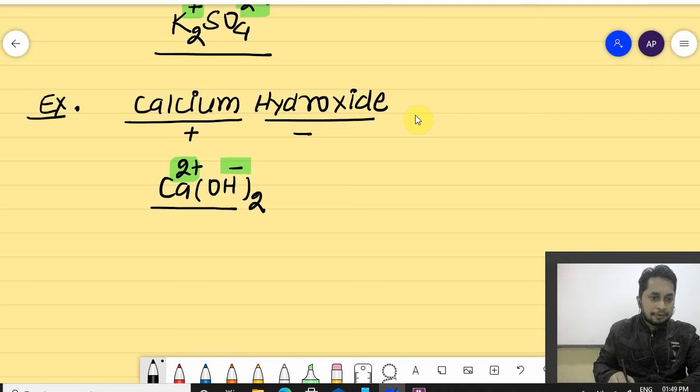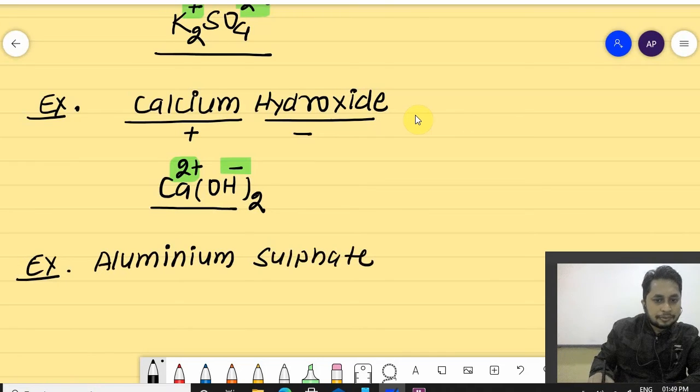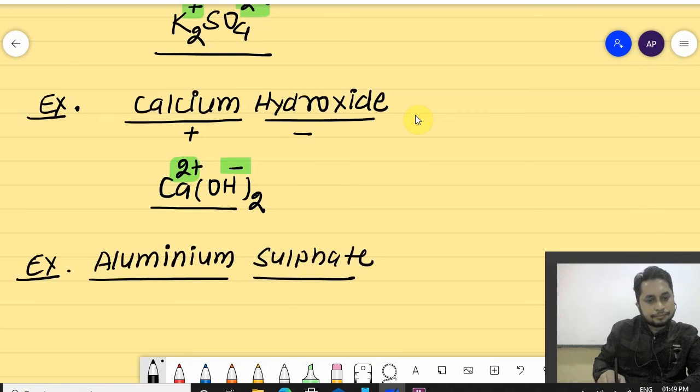If you want to write the formula for aluminium sulfate, the symbol of aluminium is Al with triple plus, and sulfate is SO4 with double minus.